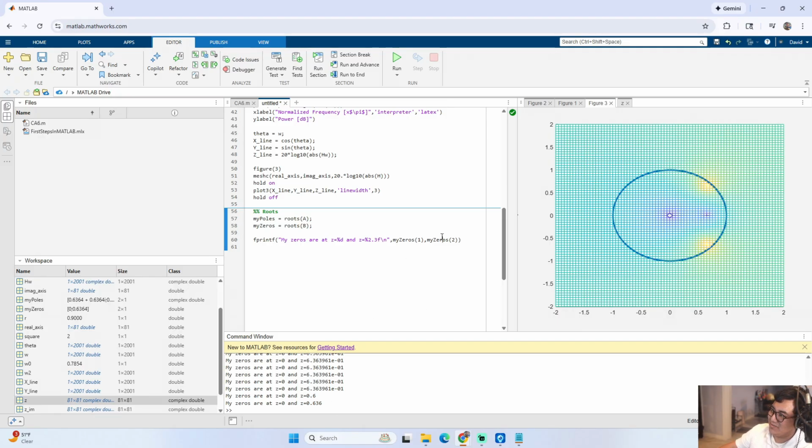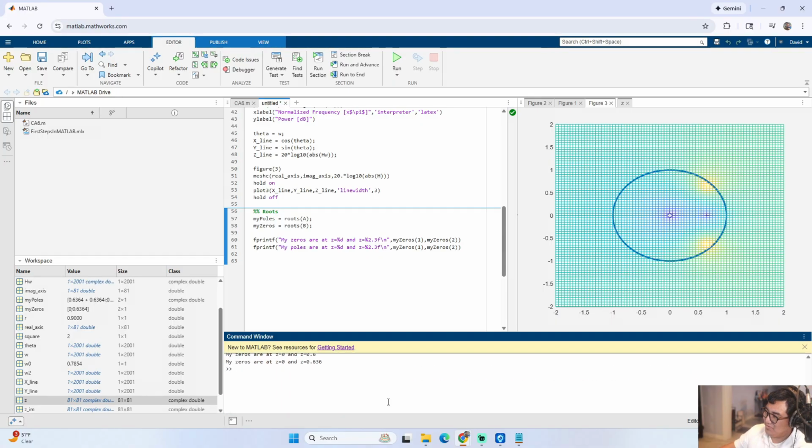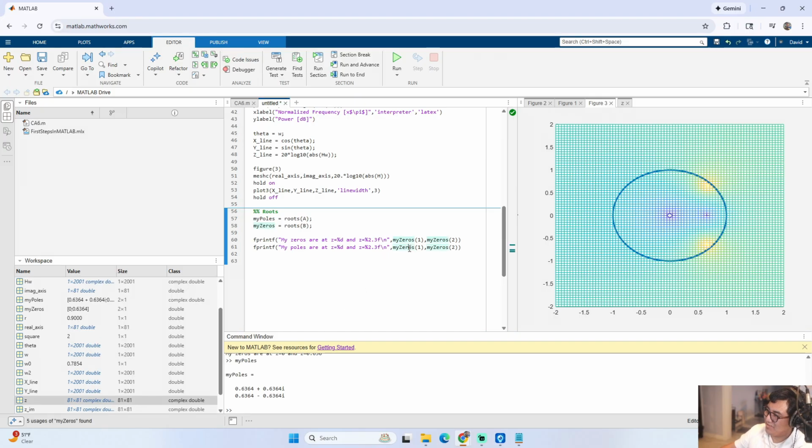Okay, and then you can do the same. Copy and paste. My poles. Poles are at. How many poles did I have, y'all? Let's see. My poles. 2 poles. Let's see if it works. Let's see if it makes me write a string.